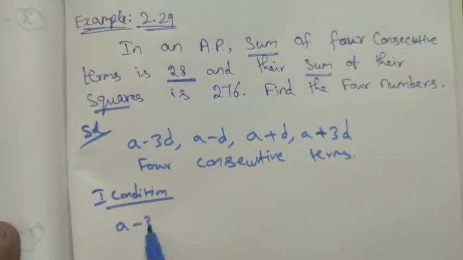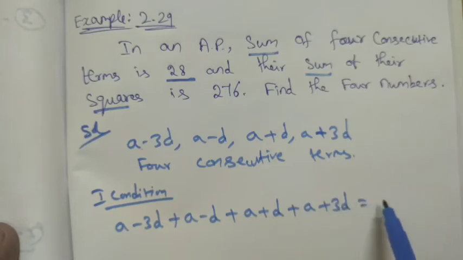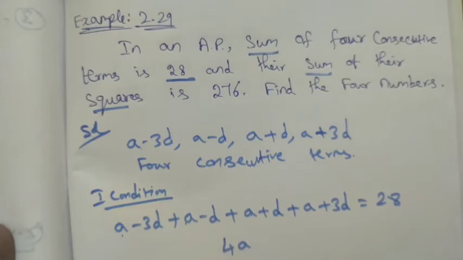So a minus 3d plus a minus d plus a plus d plus a plus 3d is equal to 28. That is the actual given question. Now here we add the a and the d terms. Here we have 1, 2, 3, 4 times a, right?